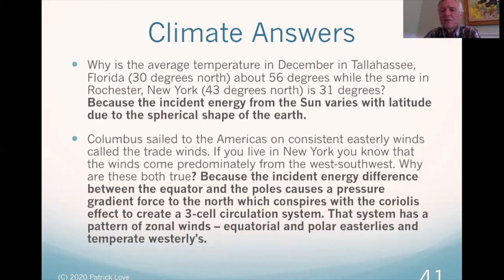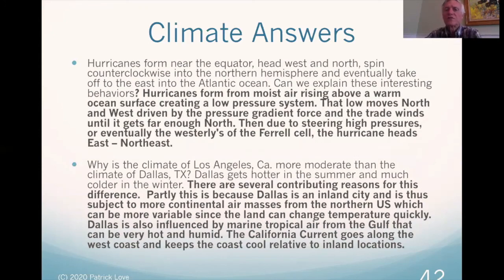We know that Columbus came to America on the trade winds, and we understand that the trade winds are basically formed roughly out of this 3-cell circulation system, because the energy difference between the equator and poles tries to push energy to the poles, and the spin conspires to make this 3-cell model, where Columbus can sail over on the easterlies and sail back on the westerlies, although he didn't do that on every trip, but tried to take advantage of that.